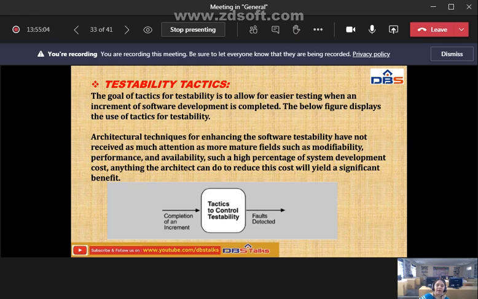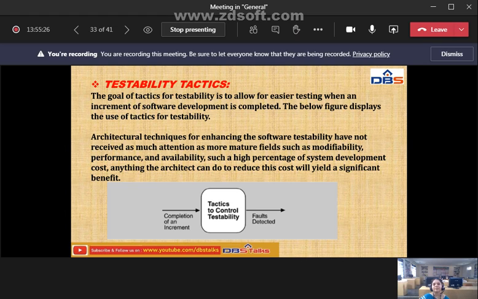Testing is done at the design level, at the implementation level, and at the deployment level. Mainly we can test at the end, but we can also test meanwhile, and finally perform deployment testing. That is the meaning of an increment of software development being completed.